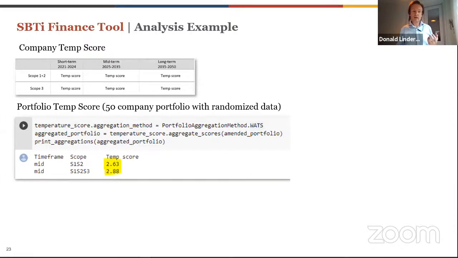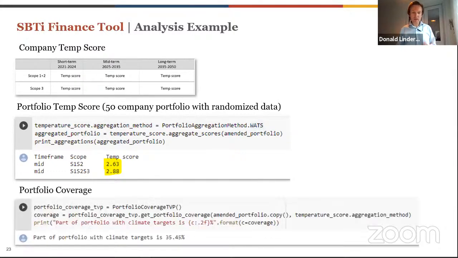So here we've just displayed the midterm targets of 5 to 15-year targets for scope 1 and 2, and then for scope 1, 2, and 3, which comes in at 2.6 and 2.9 degrees roughly. And here comes the portfolio coverage, which is almost a byproduct of the temperatures of this tool, where you can see that the portfolio coverage is around 35% for this particular company.